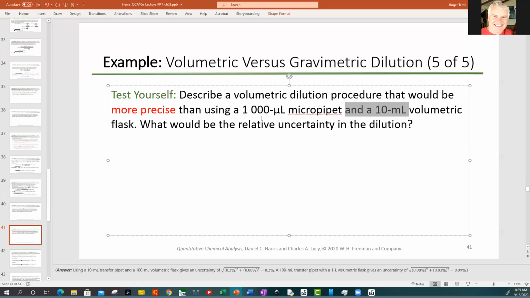And I already kind of know the answer here, right? Because the smaller the volumes, the less precise in general. So I know that we're going to be going up to a 1 ml or a 10 ml pipette, and then from a 10 ml to 100 ml or 100 ml to a 1,000 ml or 1 liter vol flask.